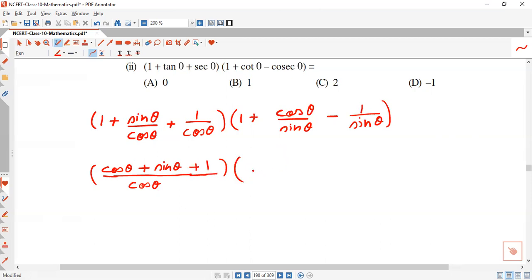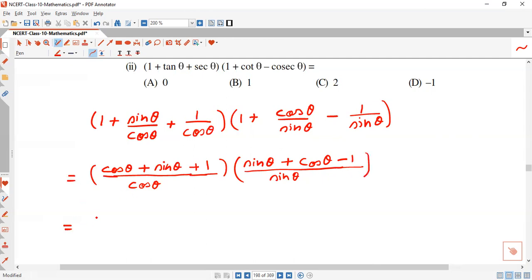In the second part, we take sine theta as LCM. Sine theta is multiplied by 1, so we get sine theta. Sine theta is multiplied with the second term, so sine theta cancels out and we get only cos theta. This term is again multiplied with sine theta, which cancels out, and we get minus 1.